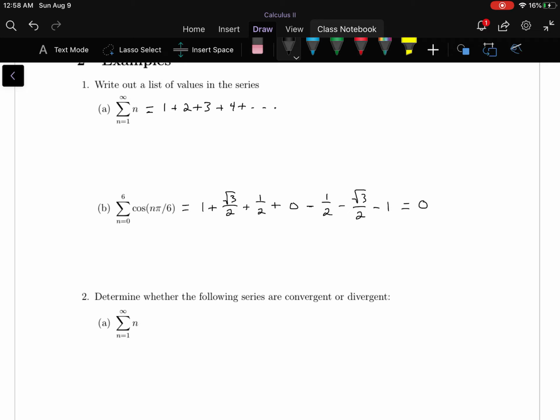Let me go back and talk for a moment a little bit more about part A. If A had been a finite series, let's say it was 1 plus 2 plus 3 plus 4 up through n, then, I had been taught a long time ago, the sum is equal to the blind snail formula, and that formula is n over 2 times a plus l.